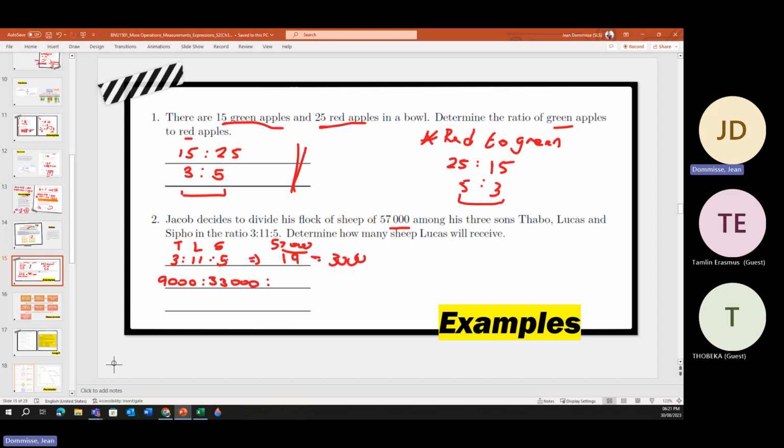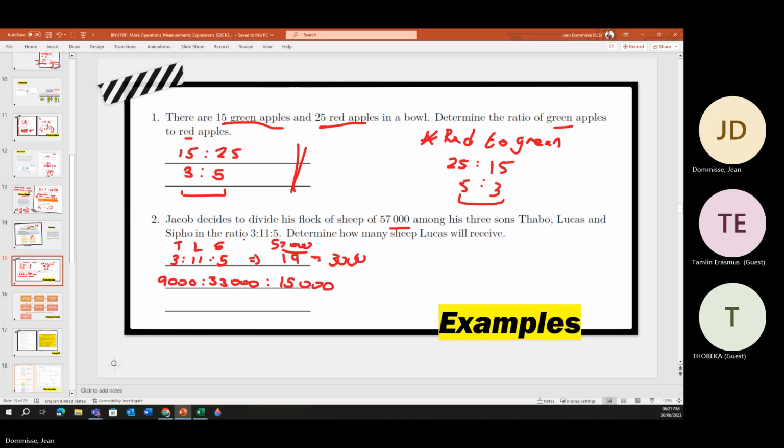And then 5 times 3,000 will be 15,000. Hopefully when we add it up again we will get 57,000. So 9,000 plus 33,000 plus 15,000 is equal to 57,000.